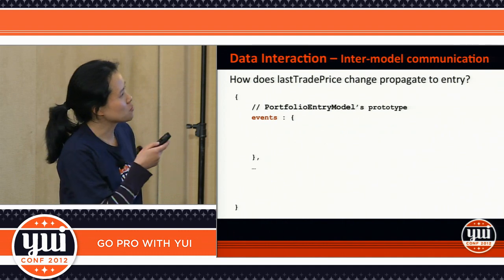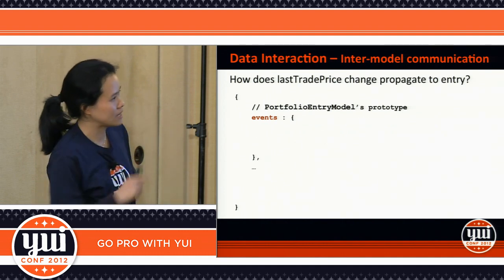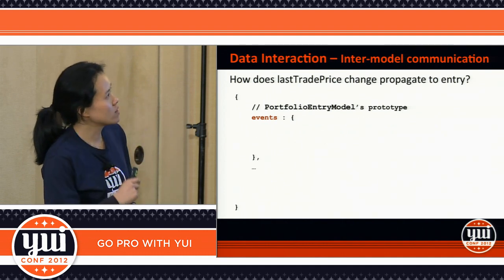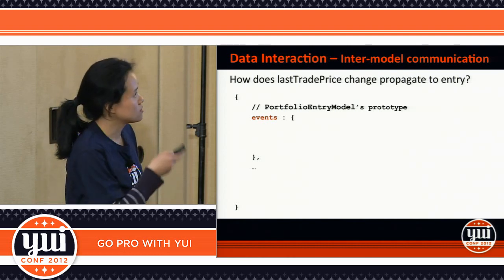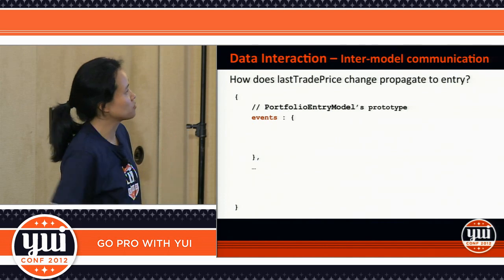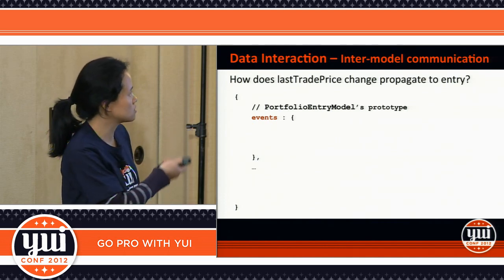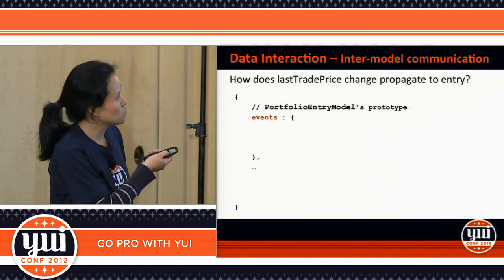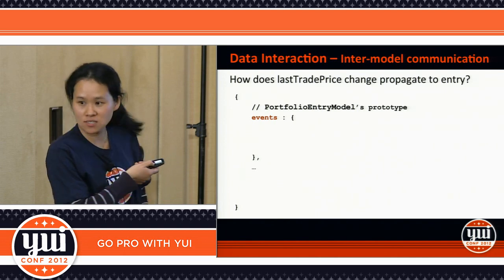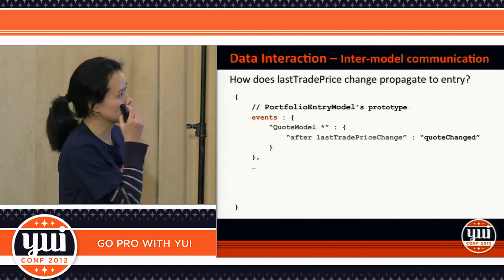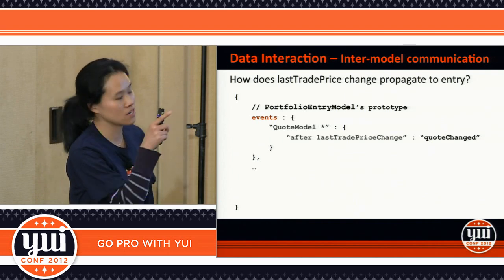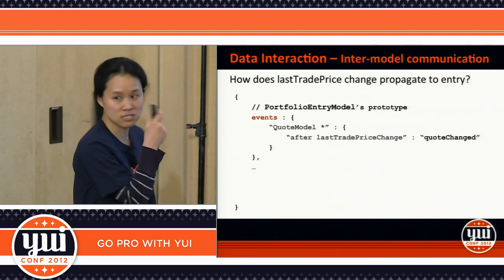So for the first one I mentioned in that diagram, when the last trade price changed, how did that propagate to the entry? This is the portfolio entry model's prototype. And what we did is, inside the prototype, we added events. Because of time, I cannot dive into the actual syntax of it.